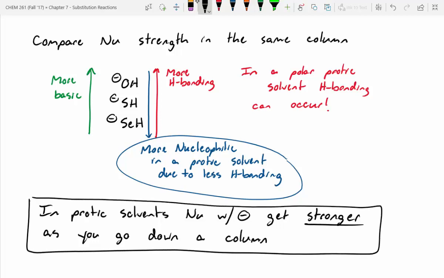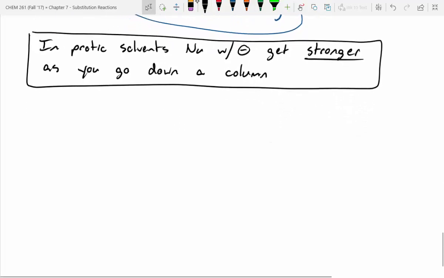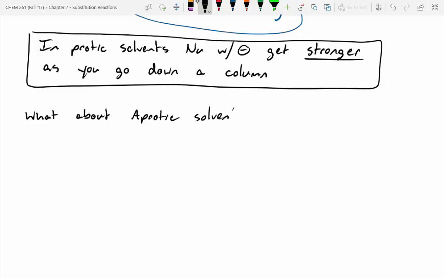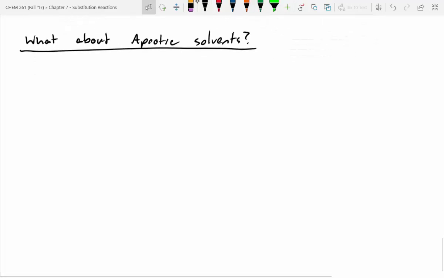All right, now let's do the same thing, but we're going to do it a little bit differently. We're going to think about aprotic solvents. All right, so same exact argument. I'm going to have hydroxide up here.